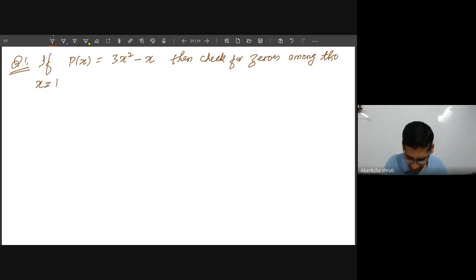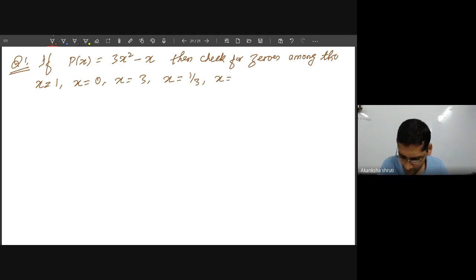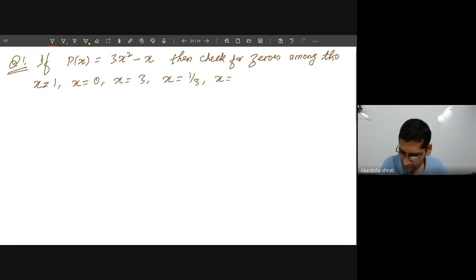So x equals 1, x equals 0, x equals 3, x equals 1 by 3, and let us take some negative value also, say x equals minus 1. Among these we will try to find the zeros.